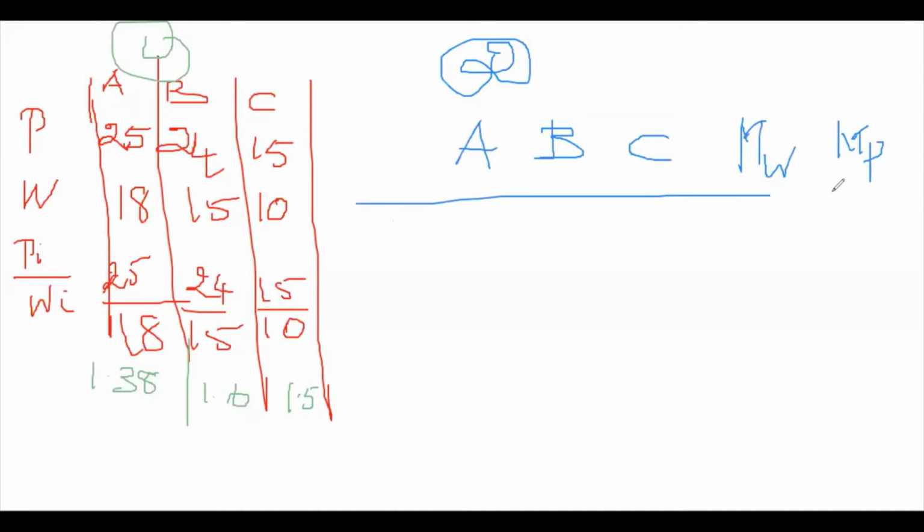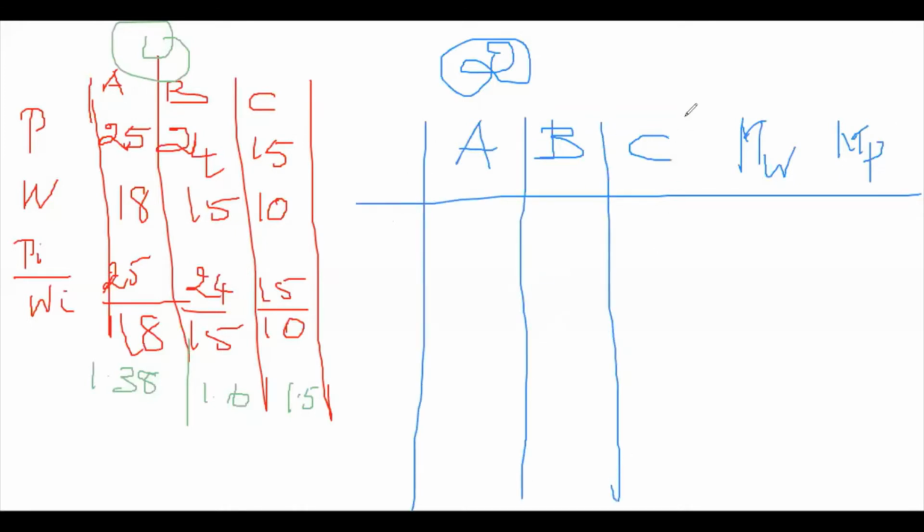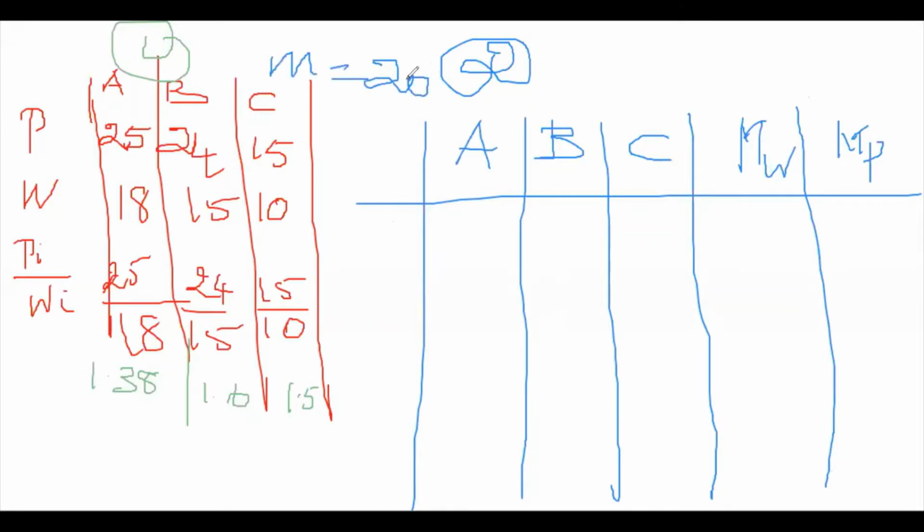This is the knapsack problem in the greedy method, which is fully for the fractional problem. What is the capacity of the knapsack? The knapsack capacity M is equal to 20. You have to fit the weights so that the total is equal to 20 or less than 20.